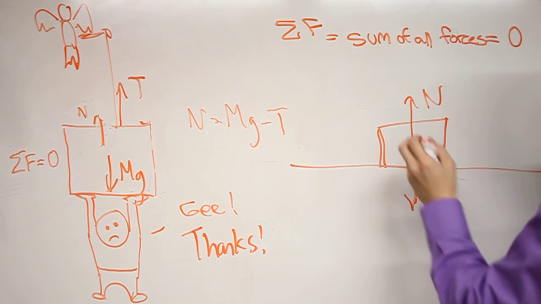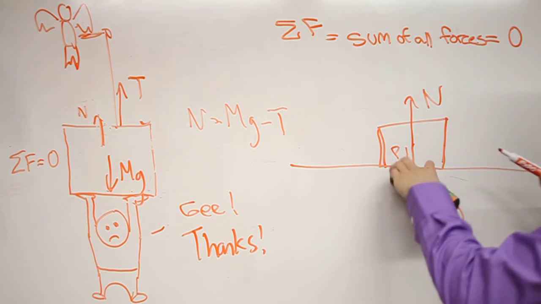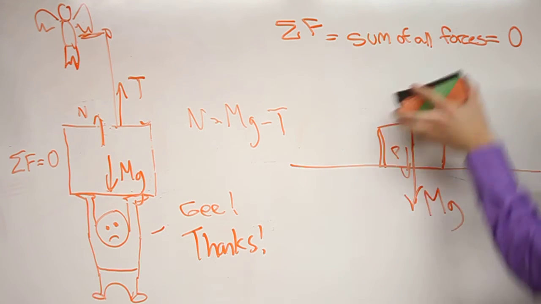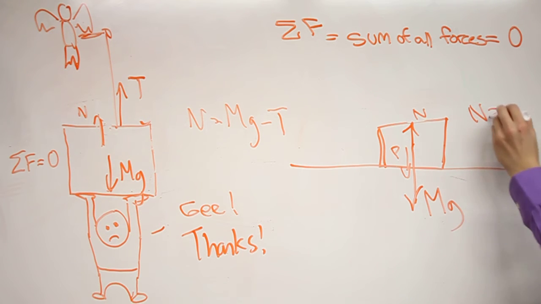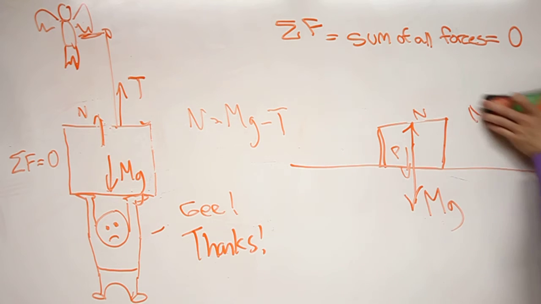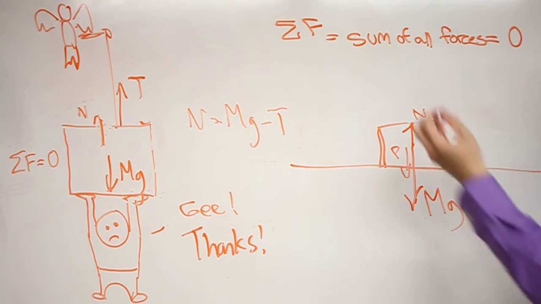Now let's say that you add an extra P force here, then you can literally just add that to the length of your N. So now if you write it out like this, everything downwards is negative, everything up is positive.